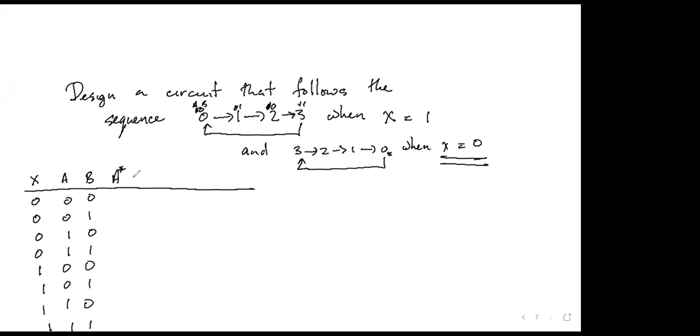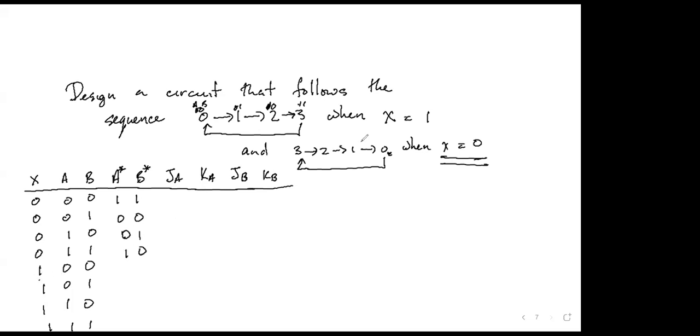So A, next state of A, next state of B. So when X equals 0 and you're at 0, the next state is 3, which is 1, 1. When you're at 1, the next state is 0. When you're at 2, the next state is 1. When you're at 3, the next state is 2.